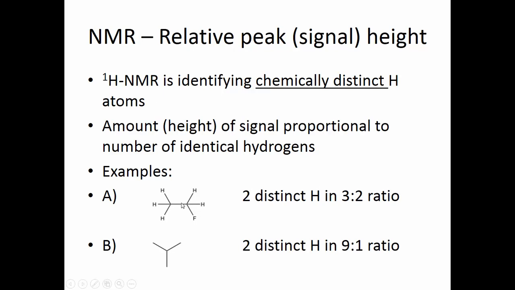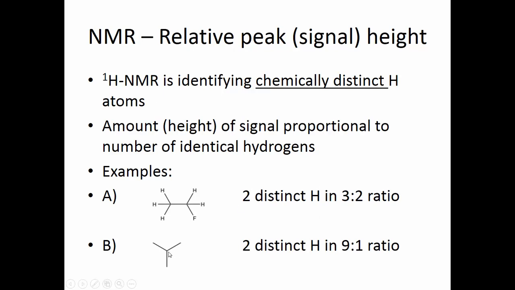In this case, it's bonded to another carbon and 3 hydrogens, and we have this other carbon bonded to 2 hydrogens and a fluorine. So we'd have 2 distinct peaks for this molecule, and the heights of the signals would be in a 3:2 ratio.